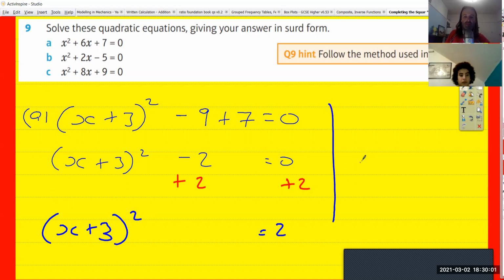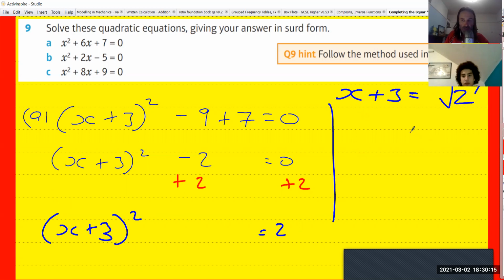So, x plus 3 equals root 2. And another similar number. X plus 3 equals minus root 2.